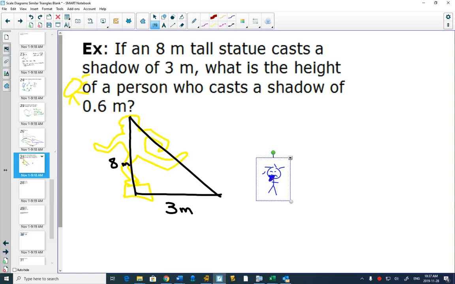He's not here to defend himself. Okay? That same sun made a shadow of 0.6 meters on Logan. How tall, not Logan, like just a random person. Not saying that that looks like anybody in this class. Just making sure. Okay.